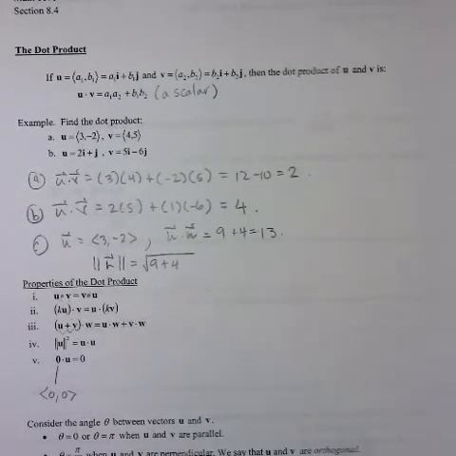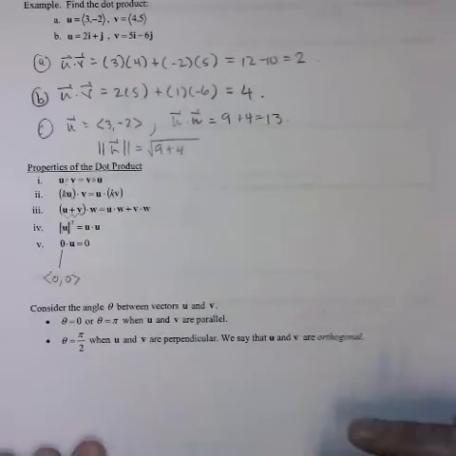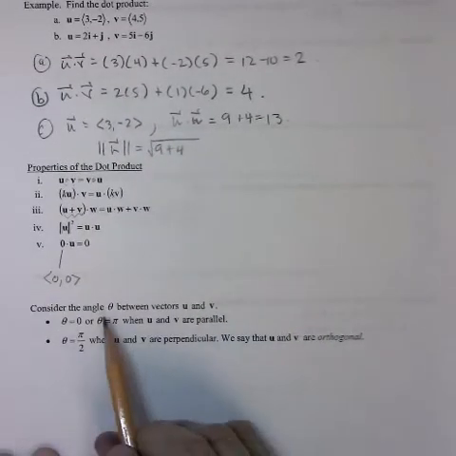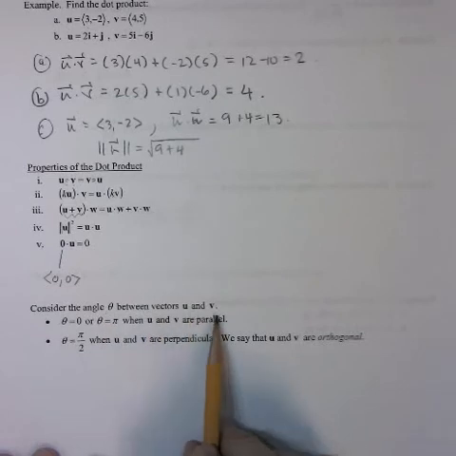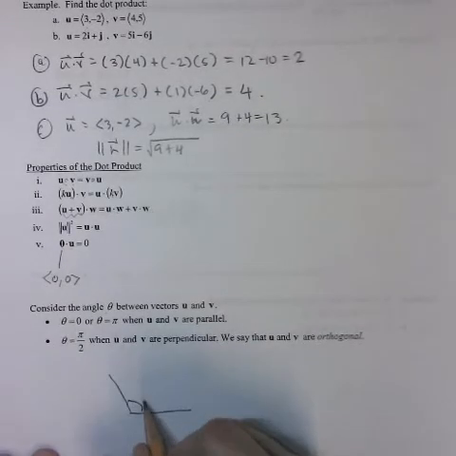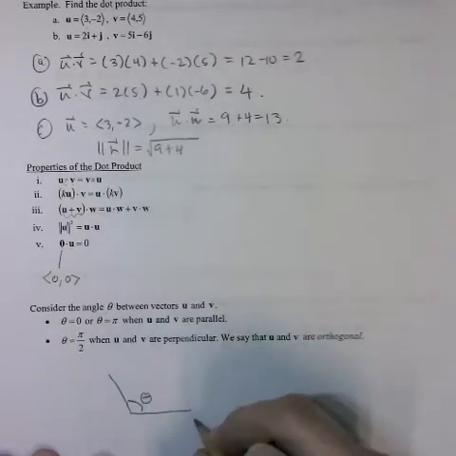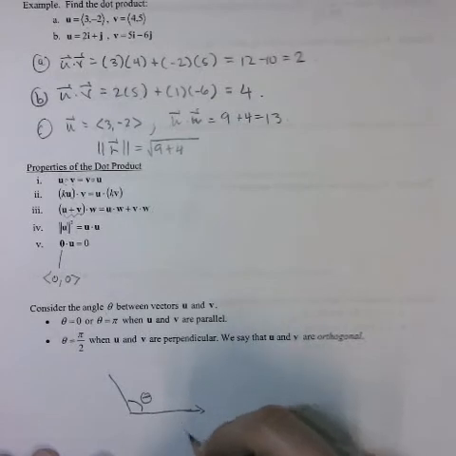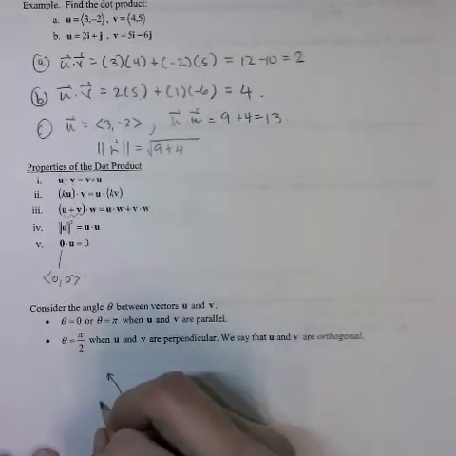Okay, a little bit of terminology here on the bottom of the page. If we're talking about the angle between two vectors, u and v, we're talking about the acute angle in between the vectors. I'll call this theta. Maybe this is vector v and this is vector u.